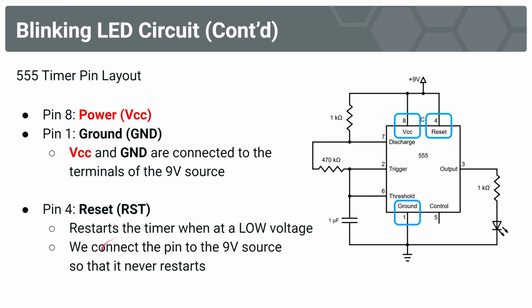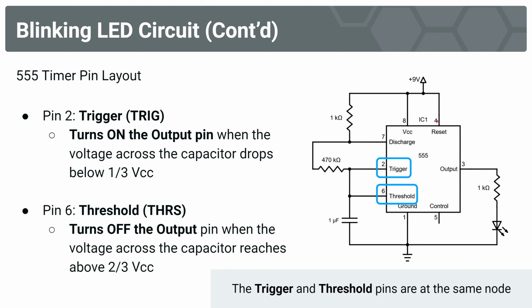And so what we're going to do to ensure that the timer never resets, because it's not useful for our particular use case, the blinking LED circuit, is we will connect the pin to the 9-volt source. This way, the reset pin is always at our high voltage, 9 volts, and the reset will never be activated.